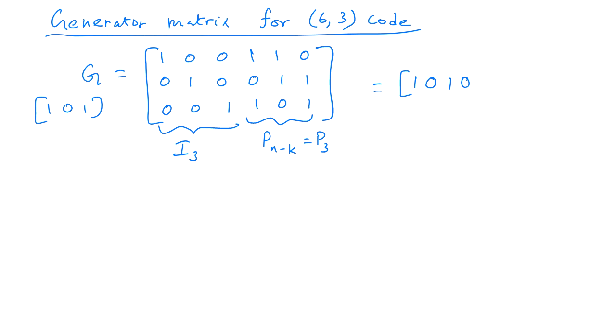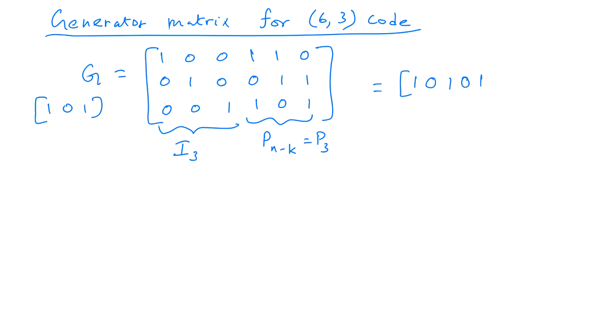The second parity bit, you multiply the message with the second column of the P matrix. So 1 into 1 is 1, 0 into 1 is 0, 1 into 0 is 0. So there's only 1, and 1 modulo 2 is 1. So we get that as 1.